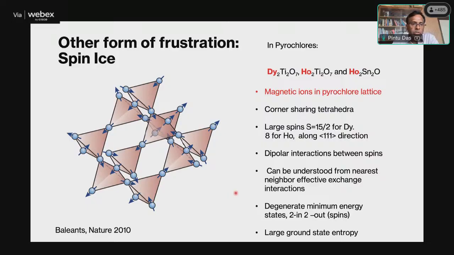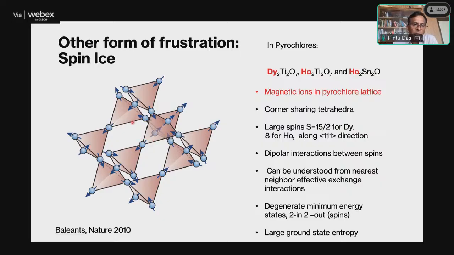So in this system, in the ground state, if you look carefully at the spins in each tetrahedron, you will see that each spin orients in a way that two spins point inward towards the center of the tetrahedron, and two spins point outward.